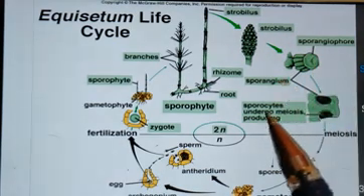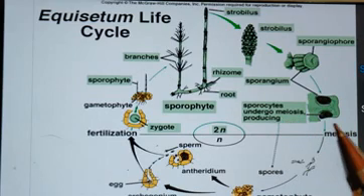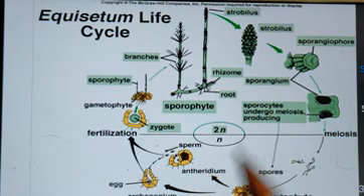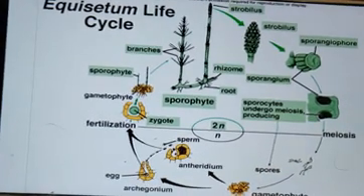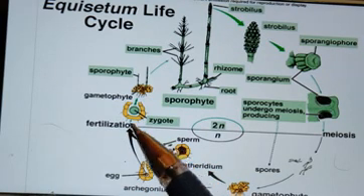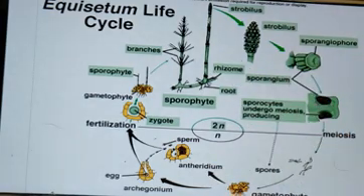The sporocytes undergo meiosis and produce spores. Spores again produce antheridia and archegonia. Archegonia produce eggs, antheridia produce sperms. They again fertilize. Then this is the whole life cycle of Equisetum.